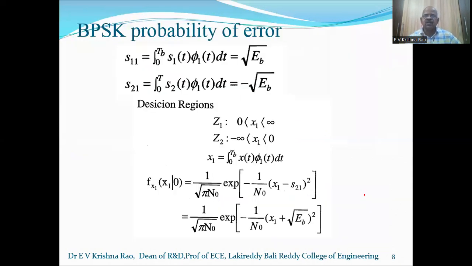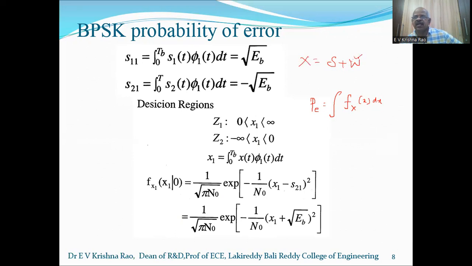So now the probability of error we estimate based on the probability density function of a random variable x, where the signal vector and noise vector give the received vector.